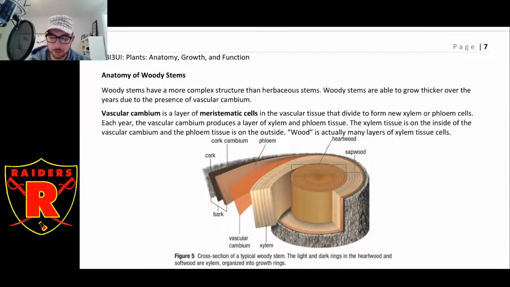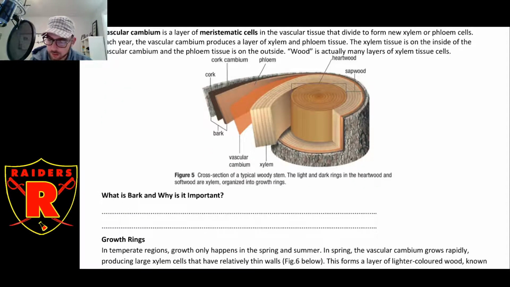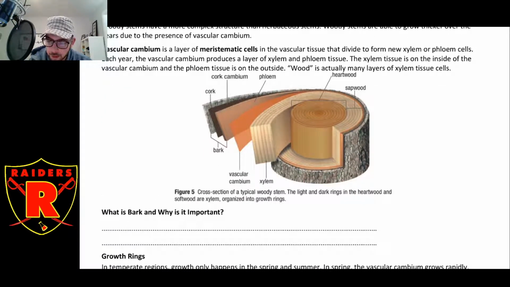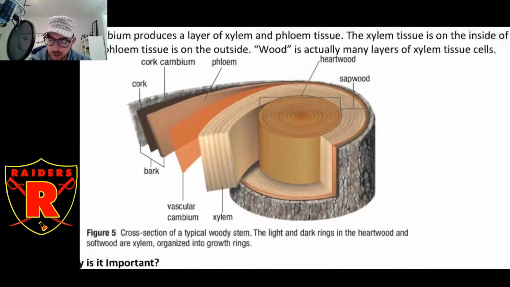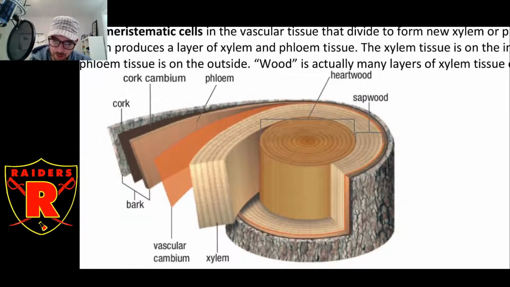Let's talk a little bit about this idea of woody stems. As I previously mentioned, the outside of a woody stem is going to have phloem, and the xylem is towards the inside. You'll notice it's layered here. This is the outermost layer, the most recent layer of xylem.